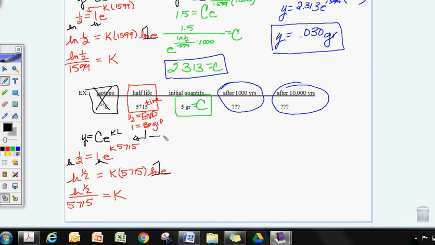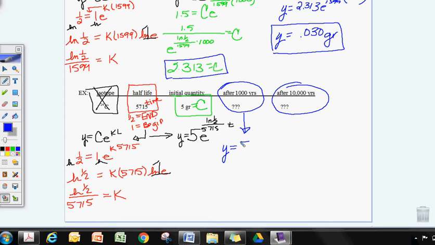So as we evolve, I now know the equation is y equals, can I just plug in the C value of 5? Got that. e raised to the natural log of 1/2 divided by 5,715 times t. Okay, so now for the second and third part of the question, all I'm going to do is plug in the t.